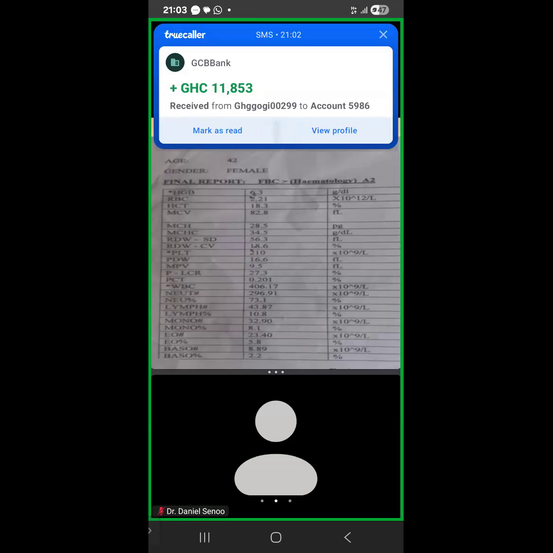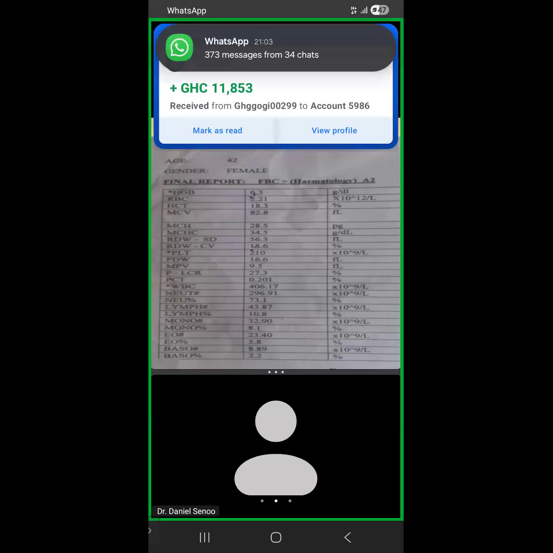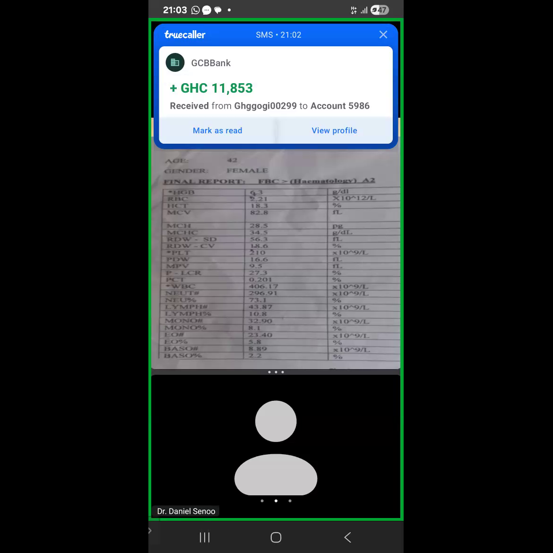Yes, please. So what would you expect to see on blood film that will support the query that you have made? Remember, someone made a certain query ahead.